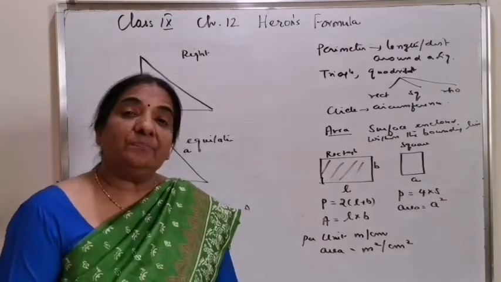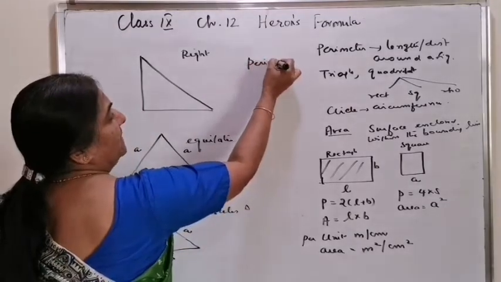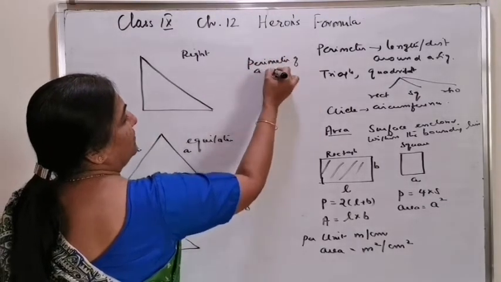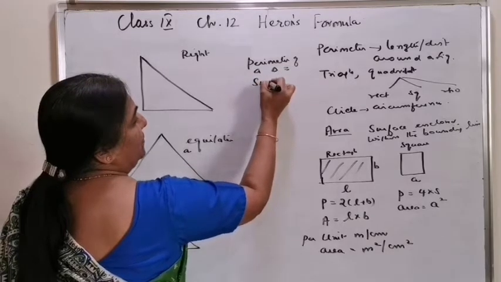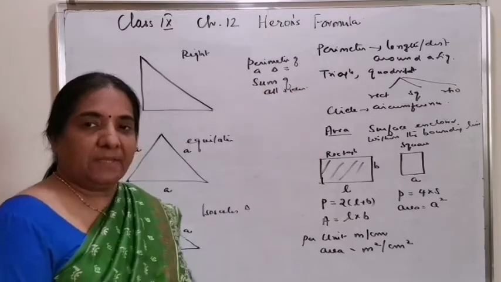The general formula for perimeter is to add all the sides. The perimeter of a triangle can be found by the sum of all the sides.